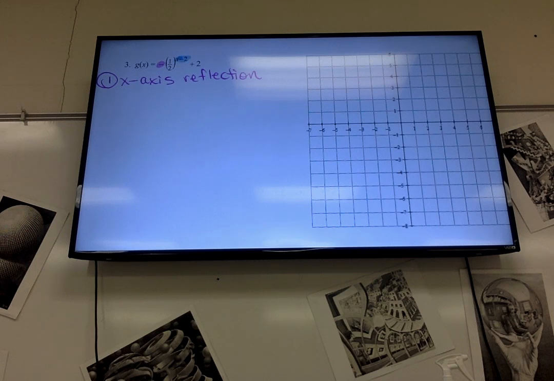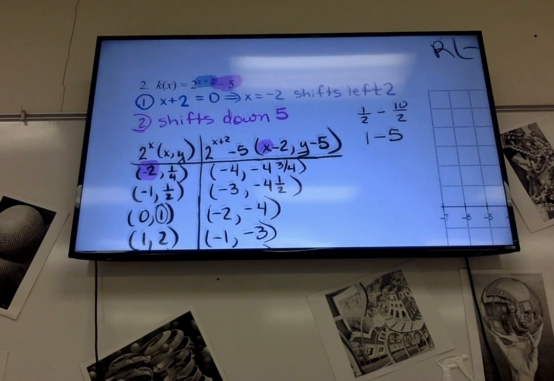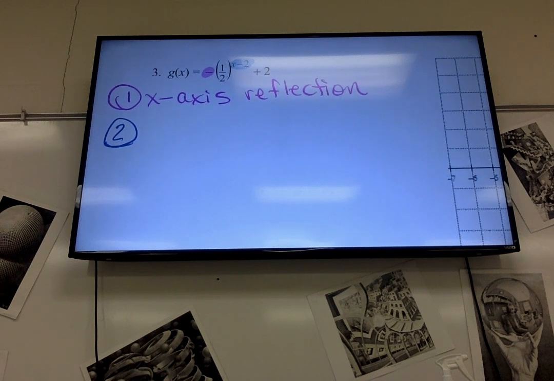So, we just have x minus 2. Kendrick, what does the x minus 2 do for us? It's okay. So like on this one, the x plus 2 shifted it left 2. There you go. So x minus 2, you just take whatever that exponent is, set it equal to 0, and solve.